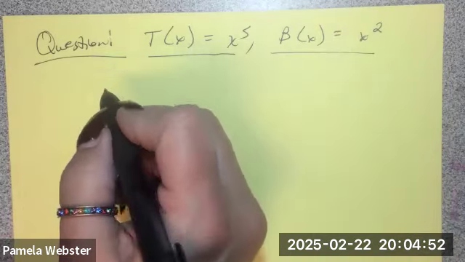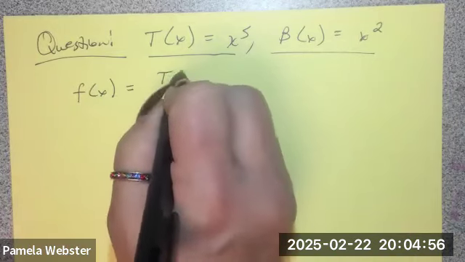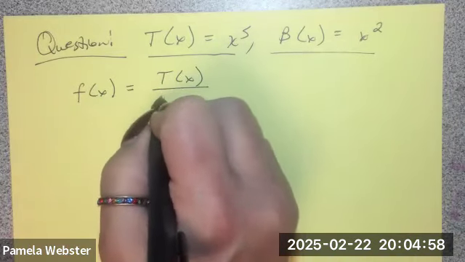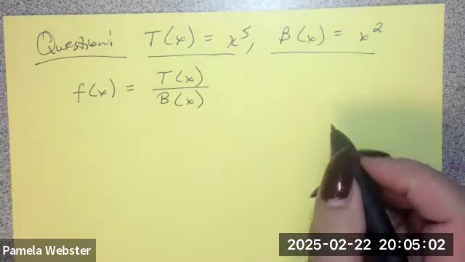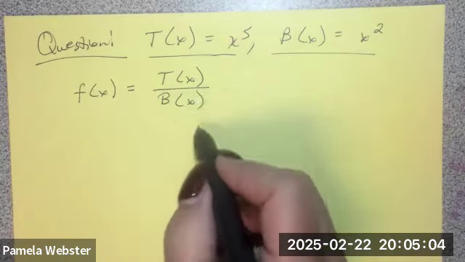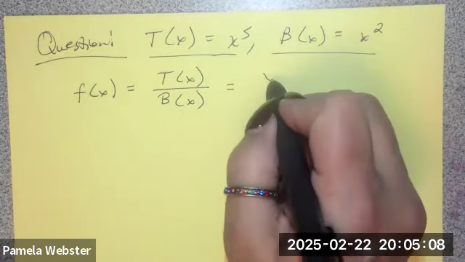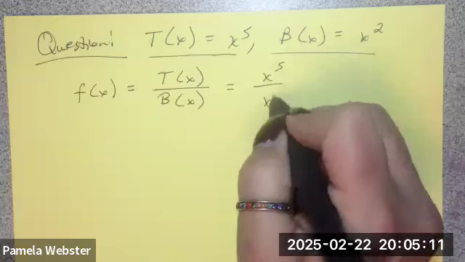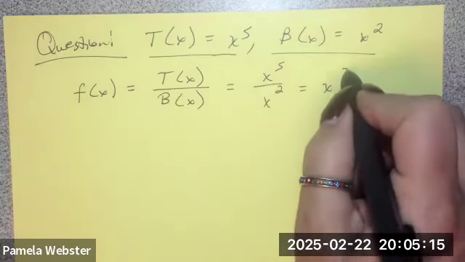So the question is, if lowercase f of x equals top guy divided by bottom guy, T of x divided by B of x, so that we see we have a function divided by a function, then we know this would be x to the fifth over x squared, right? And we know we could simplify that.